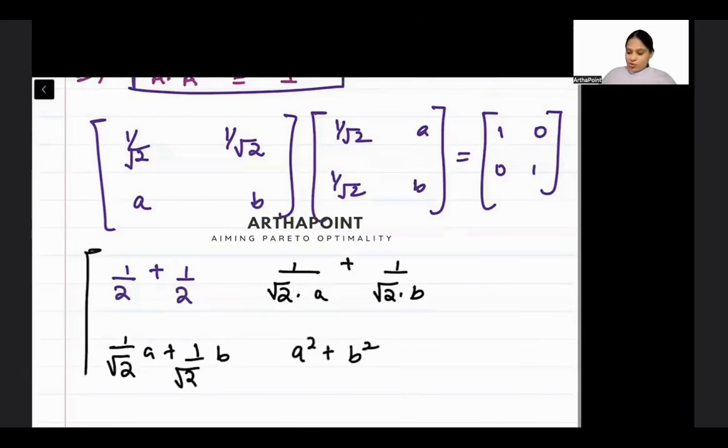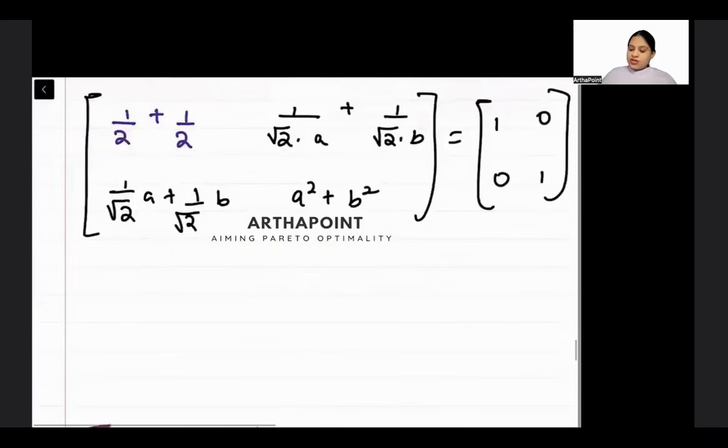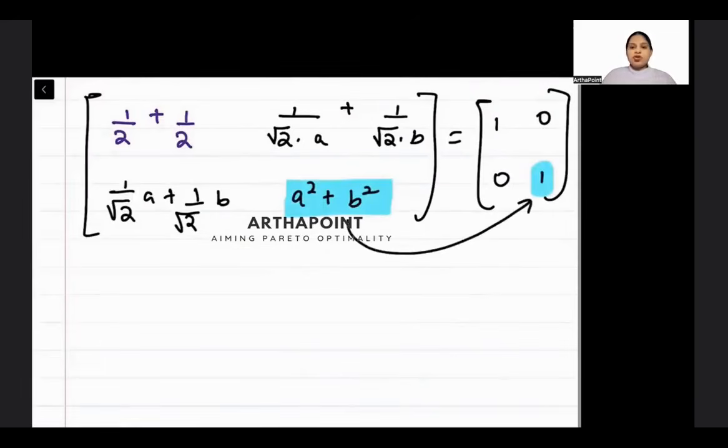I think now it is solved. This should be equal to 1, 0, 0, 1. तो माने a square plus b square will come out as 1.